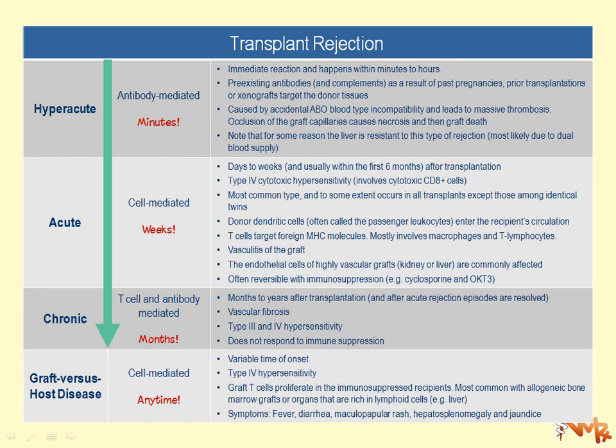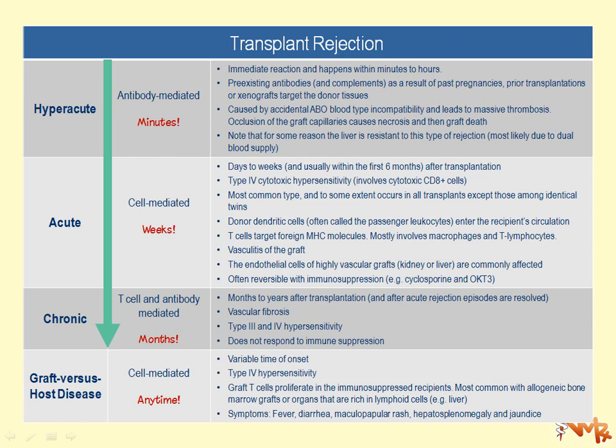Just to know, there is only one of these which is antibody mediated, and that's the one that takes place in a matter of minutes to hours. Then we have the acute, weeks after transplantation, chronic, months, and cell-mediated graft versus host disease at any time. It may be early, it may be several years.